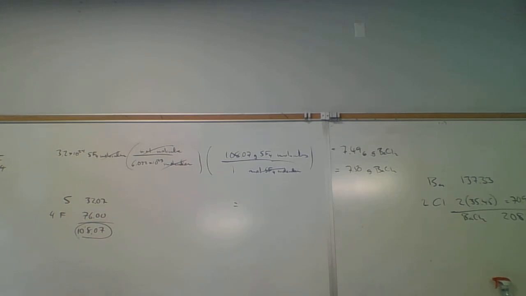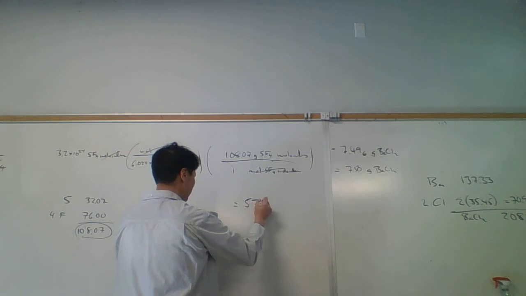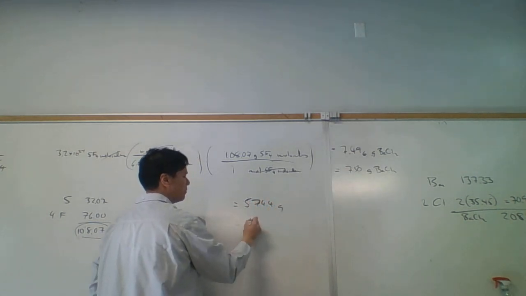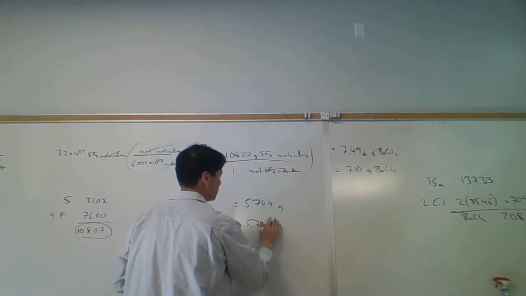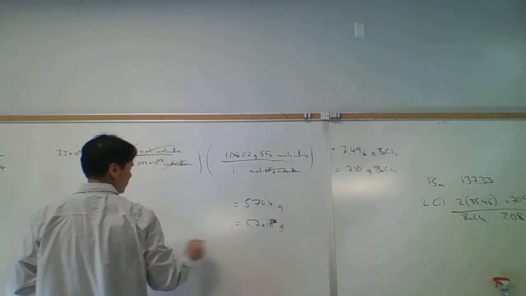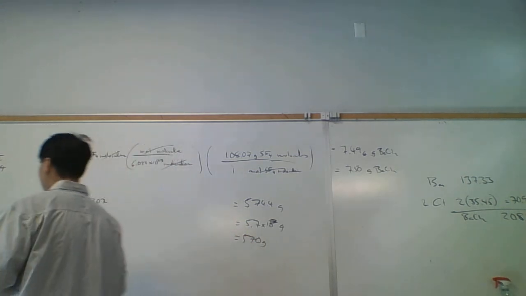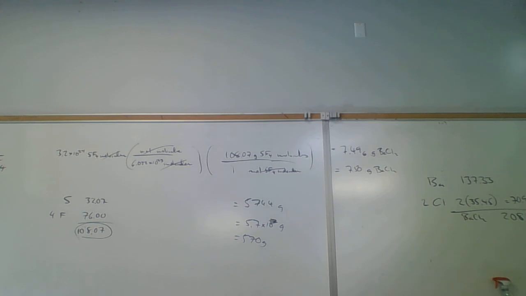All right. 3.2 times 10 to the 24 divided by 6.02 times 10 to the 23rd times 108.07. That's 574.4 grams, which rounds to 5.7 times 10 to the 2 grams, or 570 grams. This is a lot of molecules, so it's going to weigh something significant. Okay, we'll stop here.